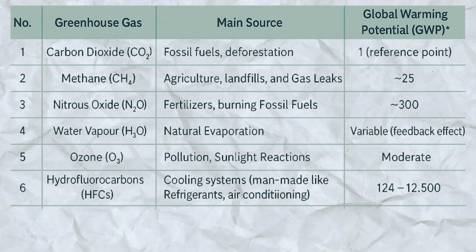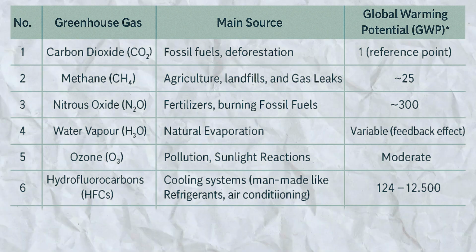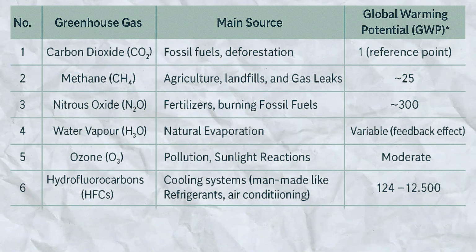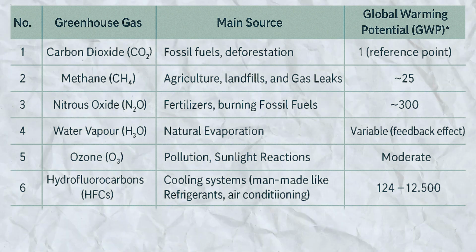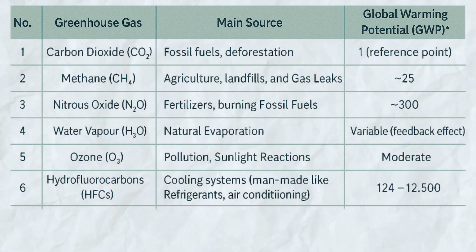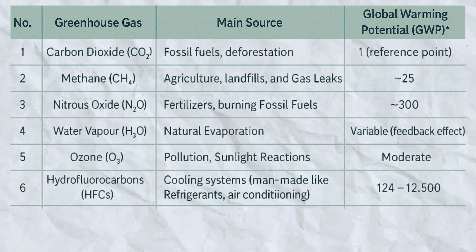It is happening because of man-made cooling systems, like refrigerants, air conditioning, aerosol propellant and all that. When we talk about GWP, its contribution is from 124 to 12,500. So you can imagine the percentage of heat which they are stopping and not allowing to go up.